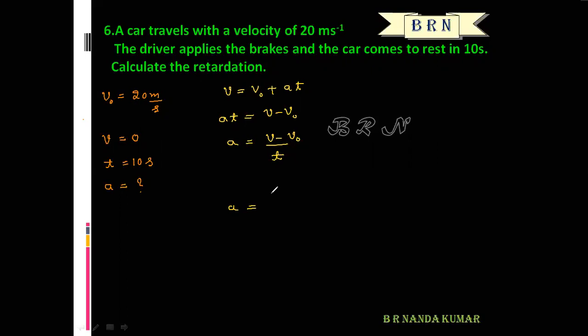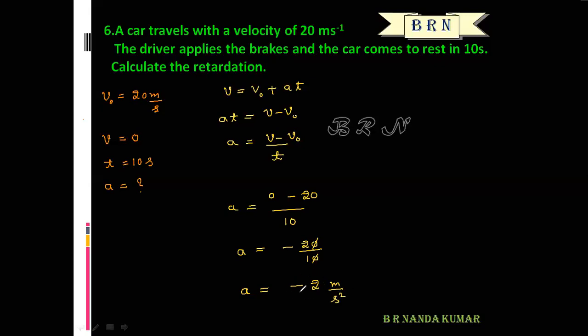V is equal to 0. V naught is 20, right? Divided by T. T value is 10. A is equal to minus 20 divided by 10. The 0 cancels here. A is equal to minus 2 meters per second squared.